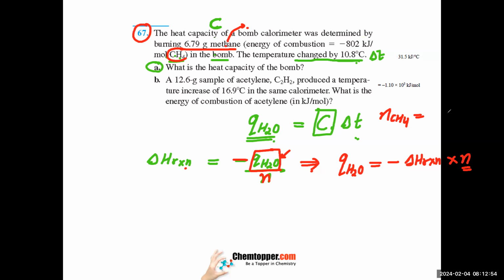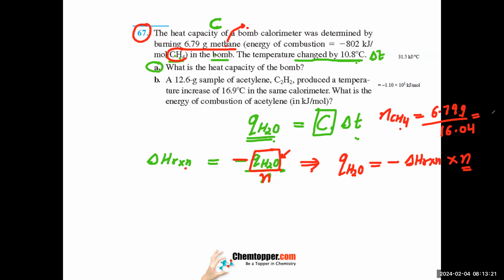Okay, now get the moles. Moles will be 6.79 grams divided by the molar mass of methane. How much is that? 4 plus 12, 16.04. How many moles?